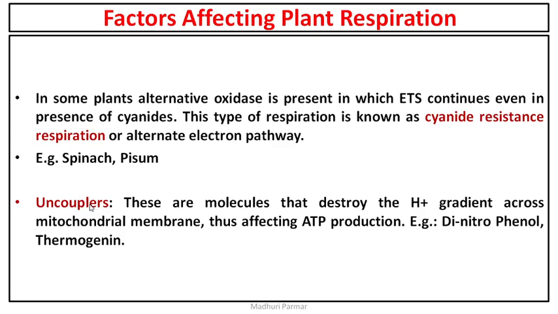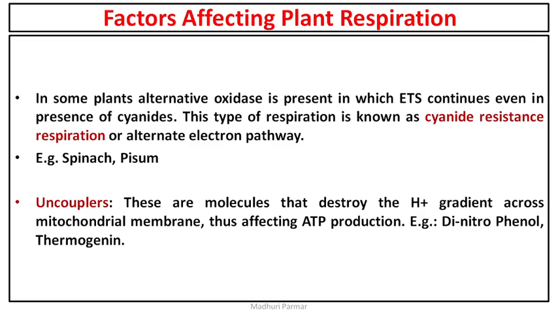And finally, there are uncouplers, as the name suggests, to break the couple, to break the pair. These are the molecules which destroy the proton gradient. They will not allow the protons to gather or get concentrated in the intermembrane space.